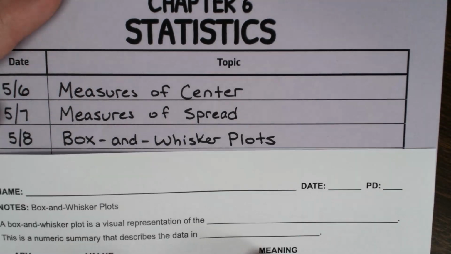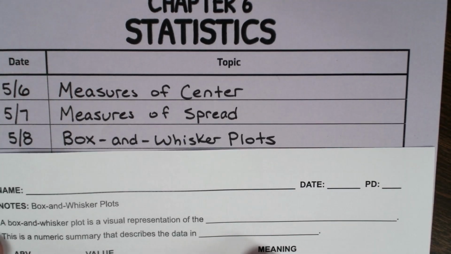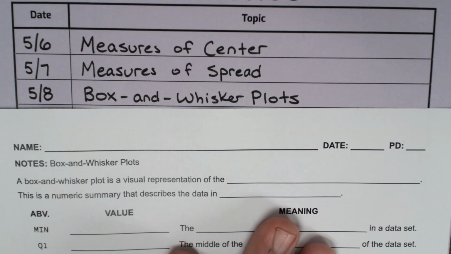And the first way we're going to talk about how to do that is with what's called a box and whisker plot. It's just one of several types of graphs and charts you can draw for data.